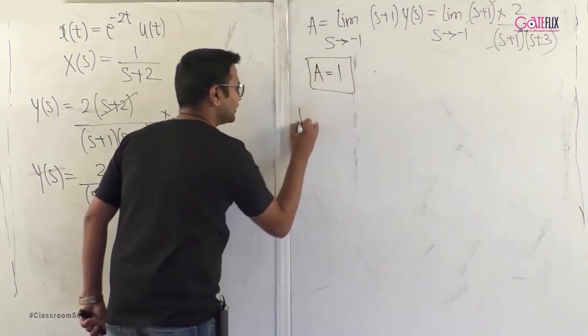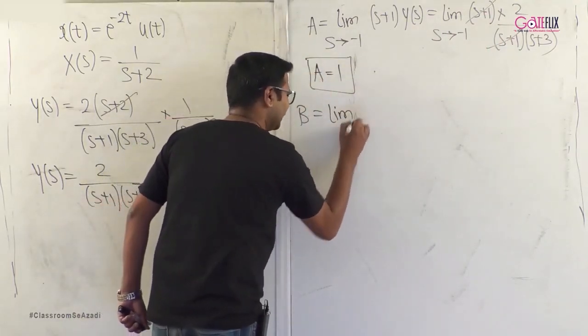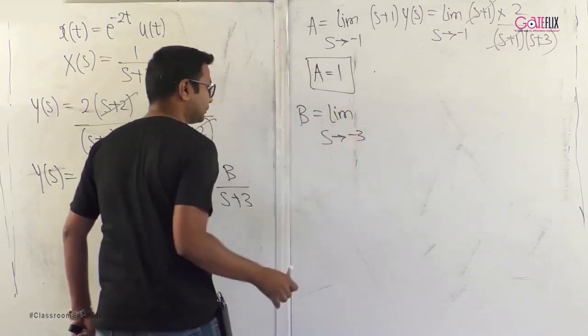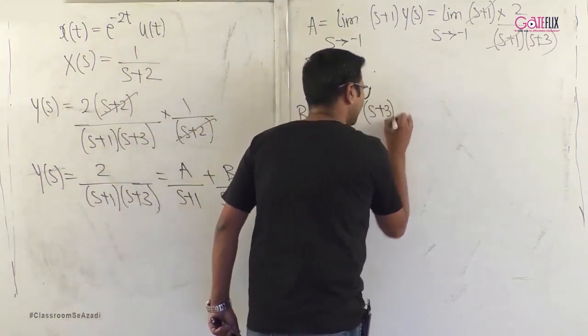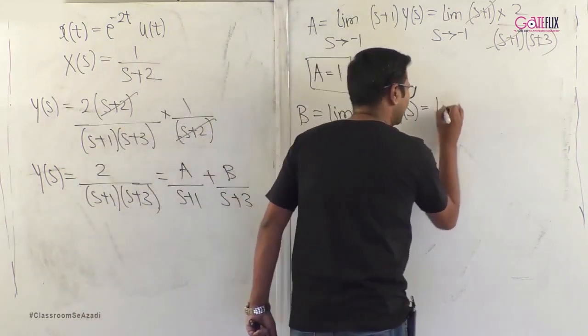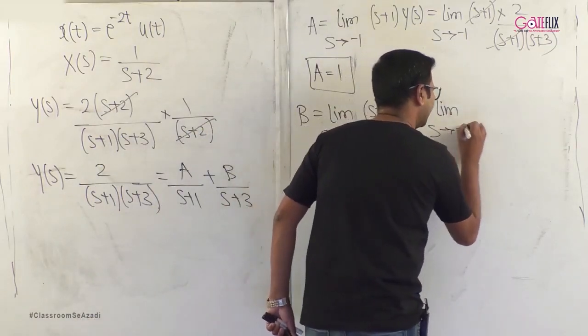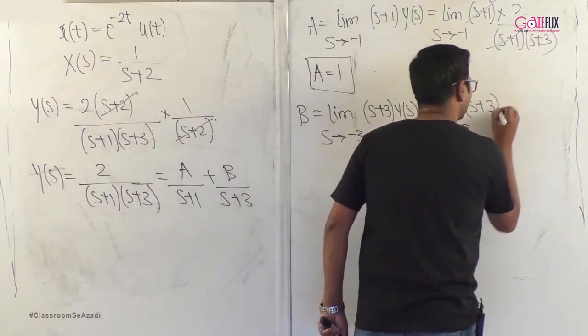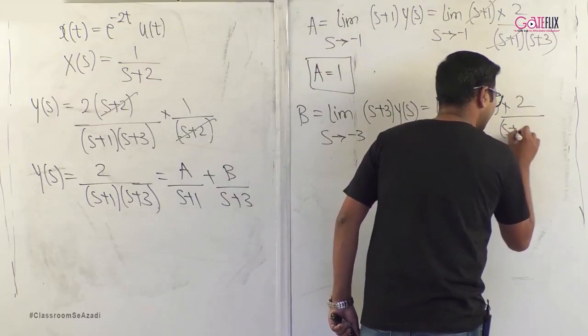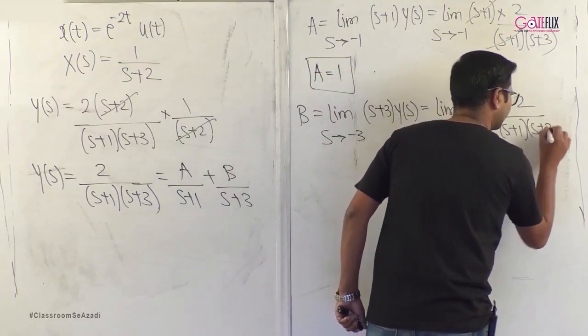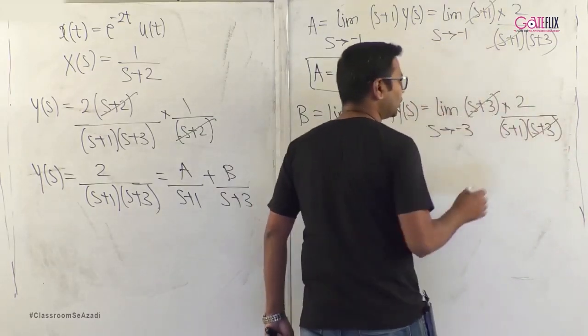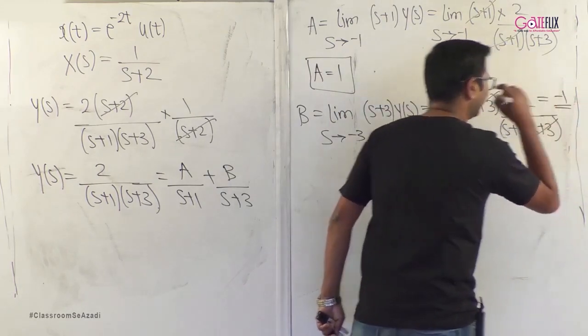Similarly, B is limit s tending to minus 3 of s plus 3 into Y of s. So, this will be limit s tending to minus 3 of s plus 3 multiplied by 2 upon s plus 1 into s plus 3. Therefore, the value of B comes out to be minus 1.